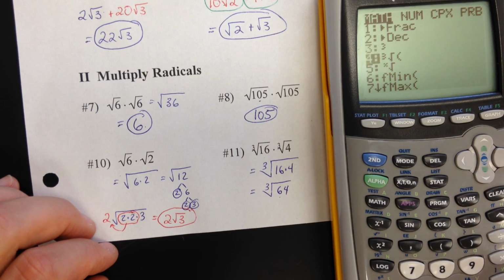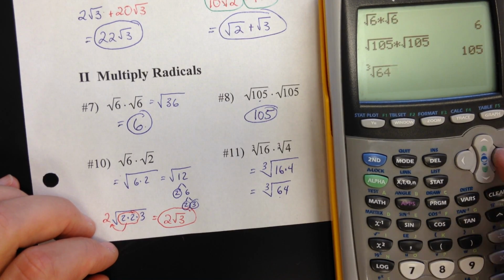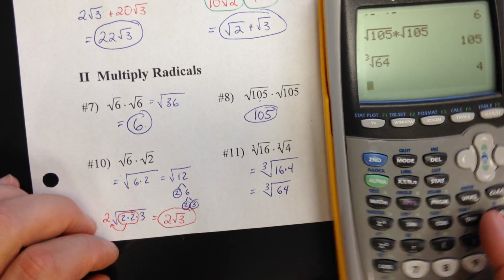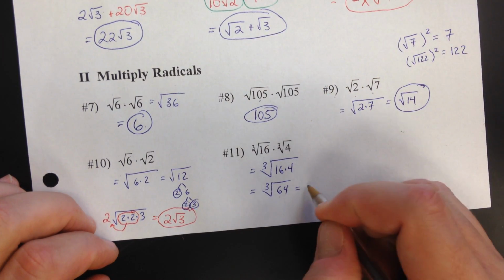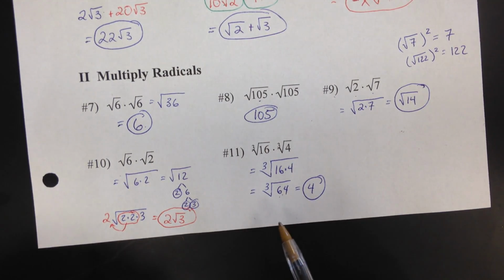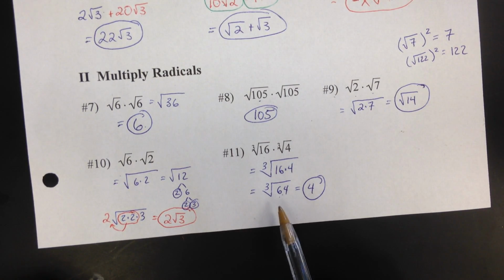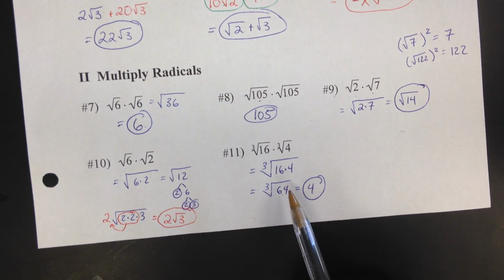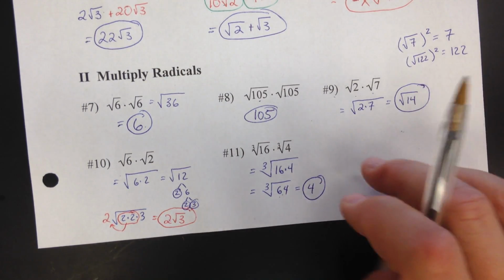The cube root of 64 is actually going to be 4. So without having to do the factor tree, you can save yourself a lot of time if you recognize, hey, that's a perfect cube. Now, if it's not, then you go through and you do your tree, and then you simplify it.